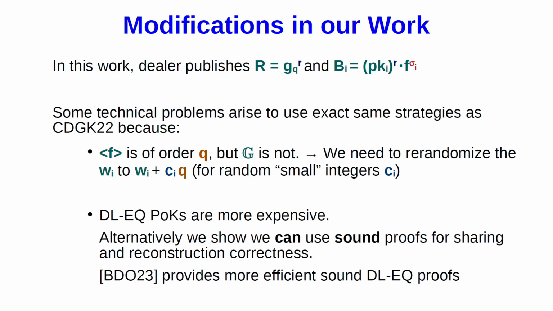So we only need proofs of knowledge when parties are posting the public keys, and then proving knowledge of the corresponding secret key. In the rest of the proofs of the construction, we are okay with sound proofs, and then we can use a more efficient construction of proofs that was given by Brown et al. in Crypto 23. So this is nice.